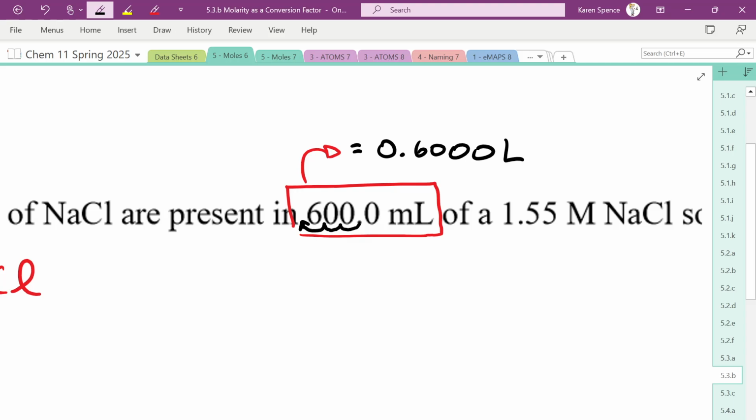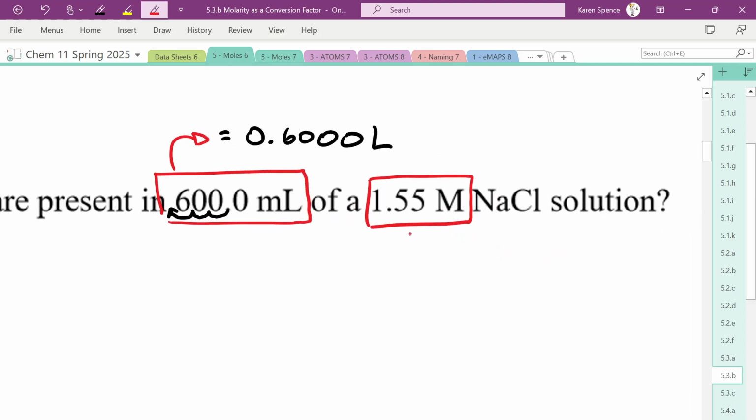If I just write 0.6, it only has 1 sig fig, and I might accidentally round my answer to 1 sig fig. We also have 1.55 molar. What do we do when we have capital M? We rewrite it as moles per liter, and I would recommend writing 1.55 moles on top of liters, because then it looks like a beautiful conversion factor.